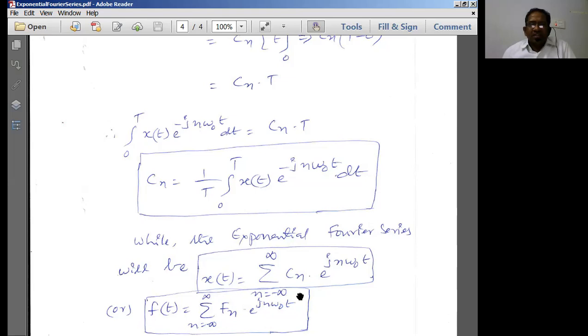Only for our understanding do we normally write it with a coefficient parameter. So you can represent the same equation as y of t or f of t, or any other variable with respect to time, and represent the exponential Fourier series like this.